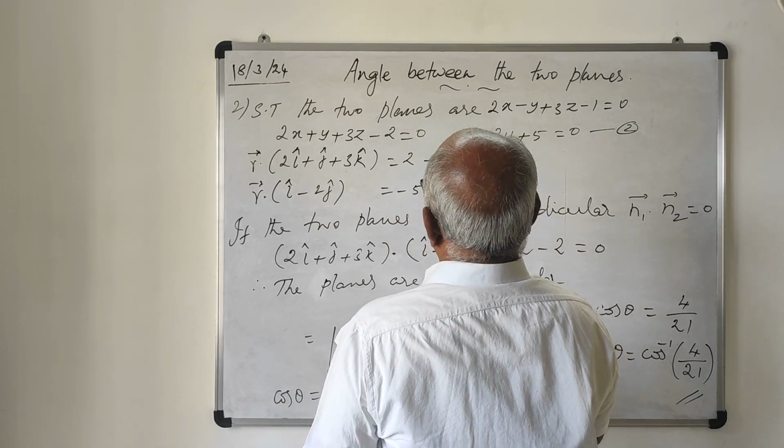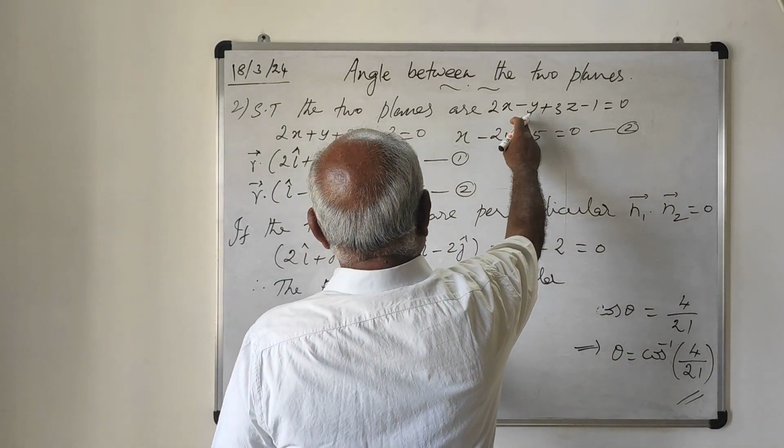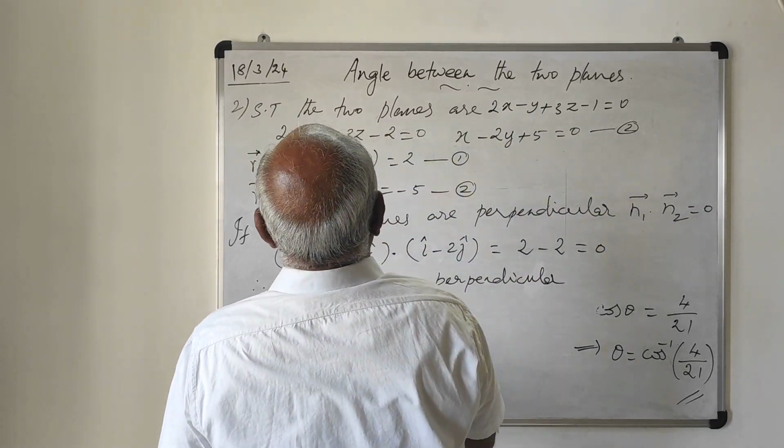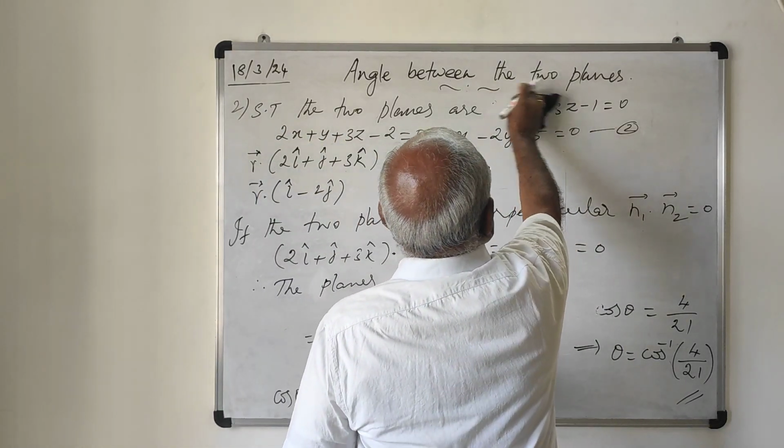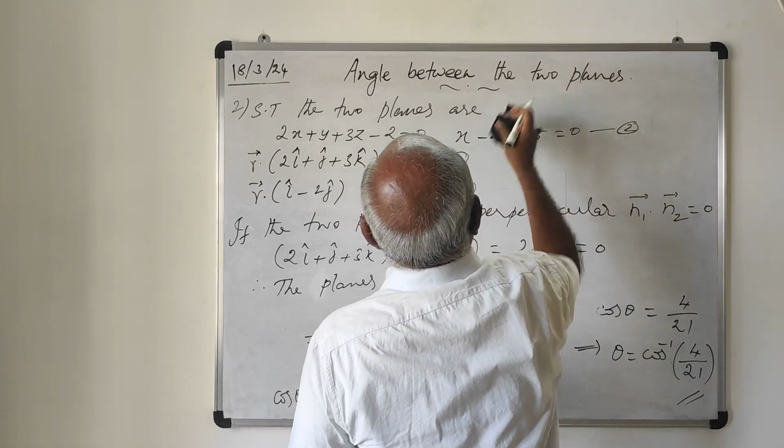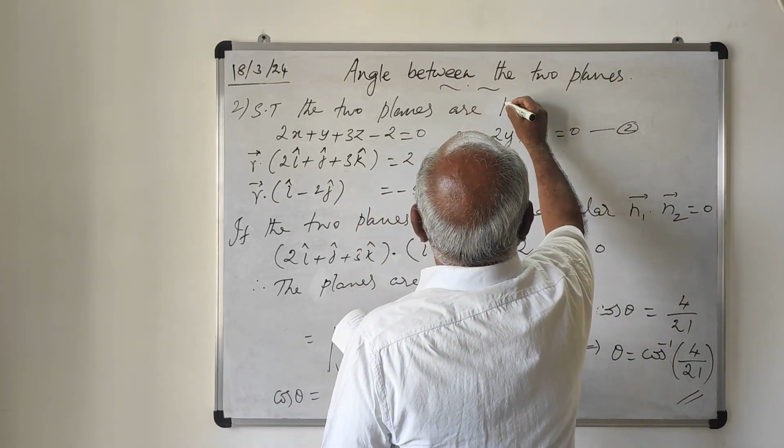The second plane is 2x minus y plus 3z plus 3 equal to 0. Show that the two planes are parallel.